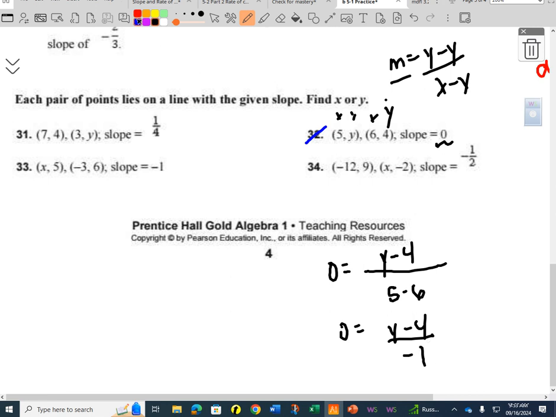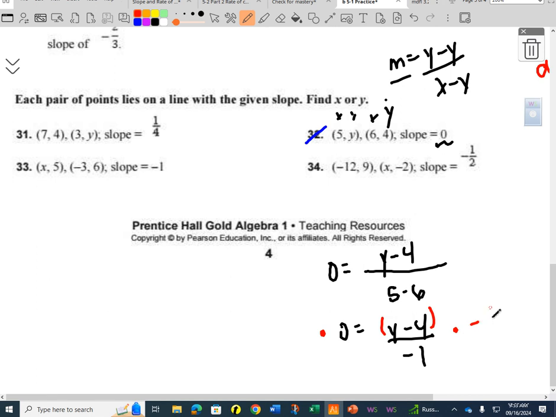Now we need to be able to solve this equation. So what are we going to do to get the y by itself? Remember, if you have more than two things in a fraction, you need to put the parentheses around them. This is the exception to the rule. We're not going to undo the subtraction first. We're going to undo the dividing first. So what are we going to multiply by to undo the dividing? What are we dividing by here?